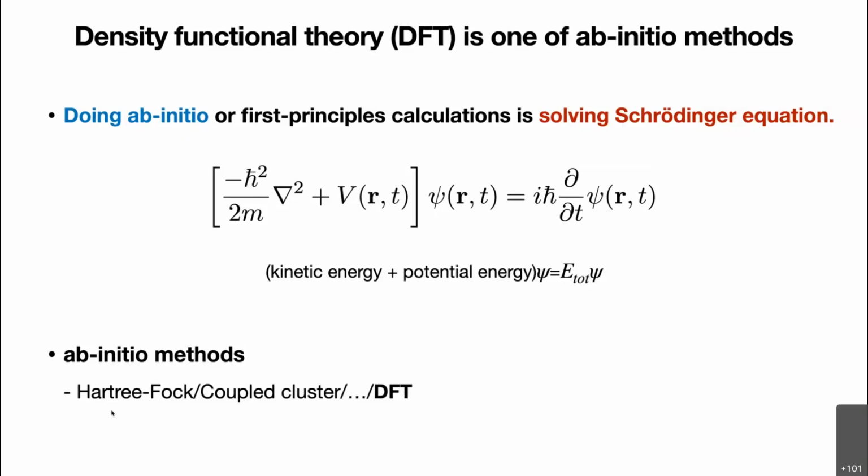There are many ab initio methods such as Hartree-Fock, coupled cluster and DFT. I would say DFT is the most efficient and accurate method to solve this Schrödinger equation, and also the most widely used method.